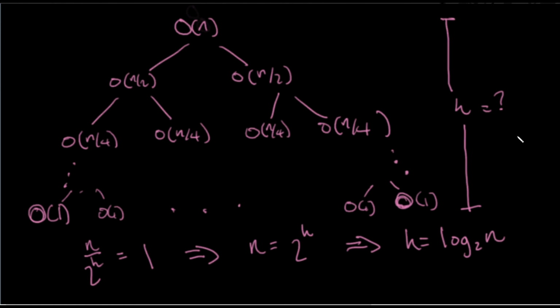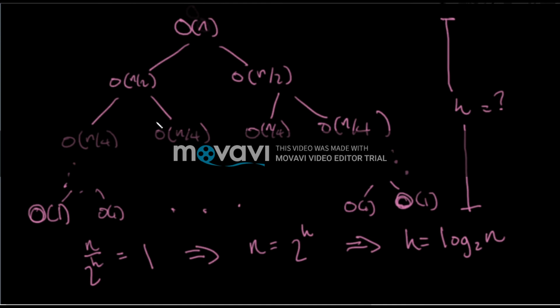And so our job now is just to add up all of these nodes of this tree. So our new goal here is to add the nodes of the tree.